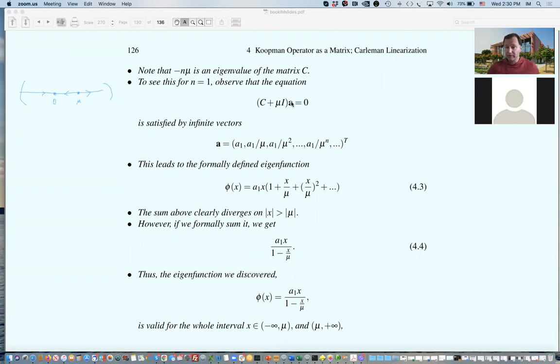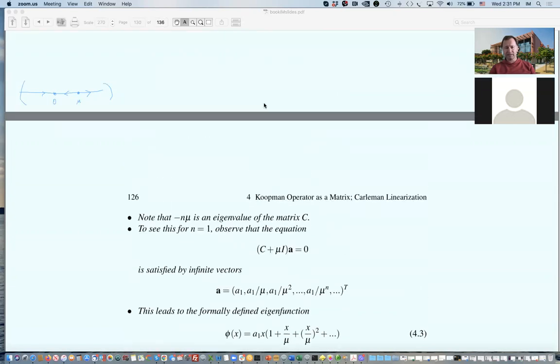That turns out to be an infinite vector of coefficients because I have an infinite countable number of monomials. And that equation, we're going to see in a second, is satisfied by this vector. So in the first position, I have A1. In the second position, I have A1 over mu, and so on.